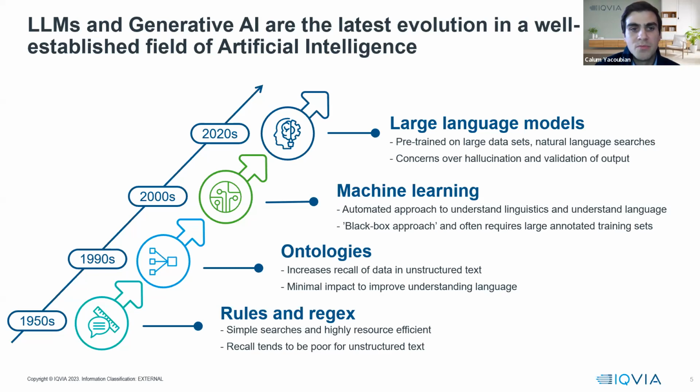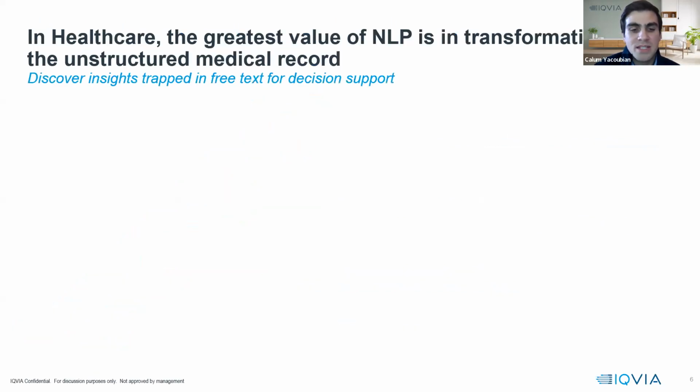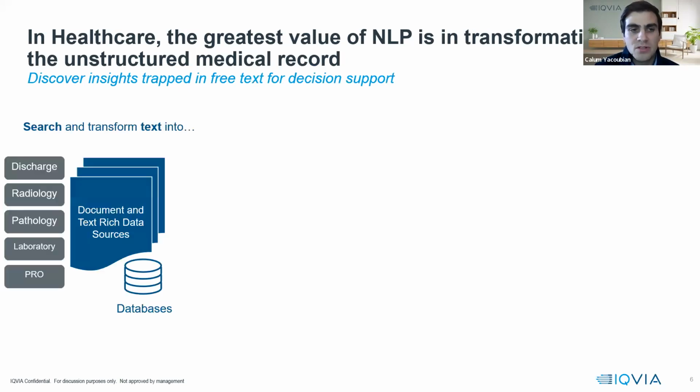And I think still the greatest value of NLP within the healthcare domain is the transformation of information within medical records into structured, normalized text for decision support. So when we talk about unstructured data, we're all very familiar with these types of documents: discharge summaries, radiology reports, pathology reports, etc.